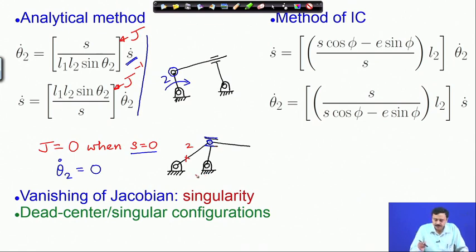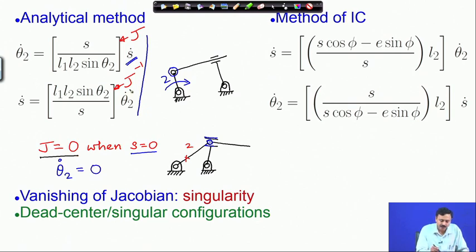The other singular configuration for the Jacobian is when, so here I have the Jacobian inverse. This s equal to 0 is the singularity of the Jacobian.